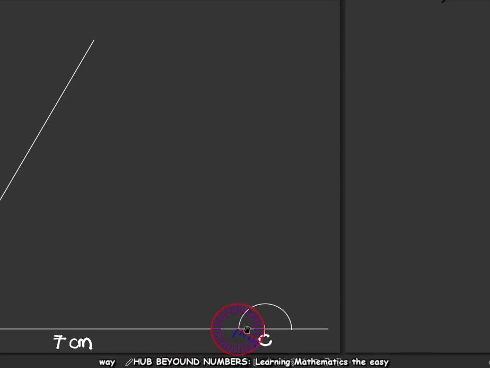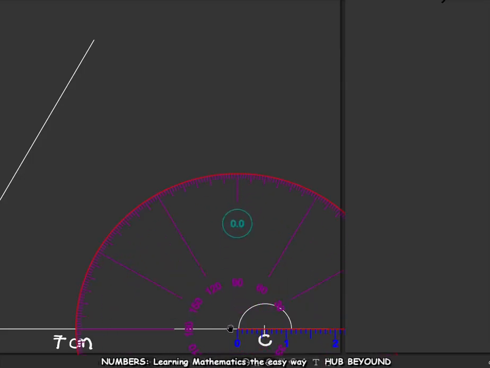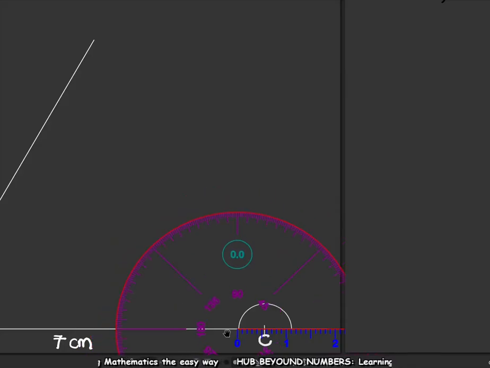So how do we construct our 90 degrees? We do that by opening our compass. So I open my compass and then I'll draw an arc above it.